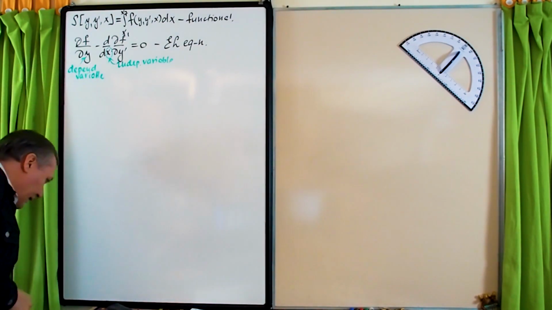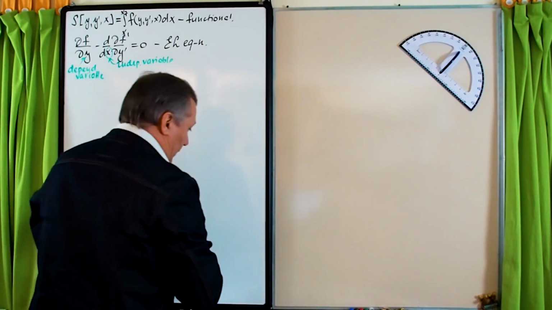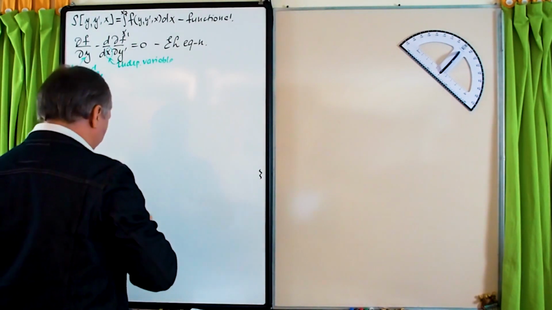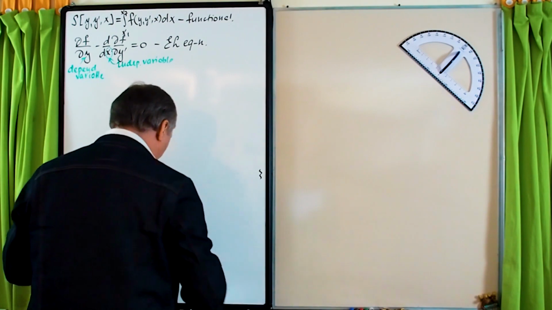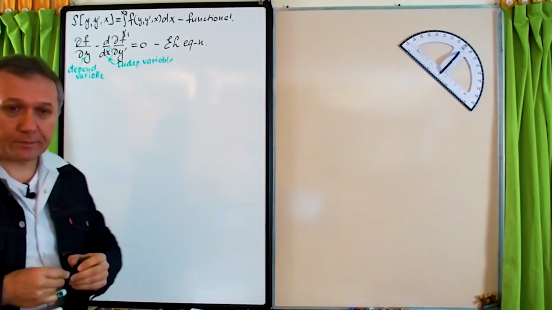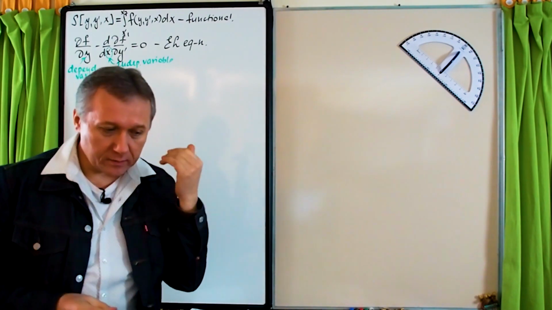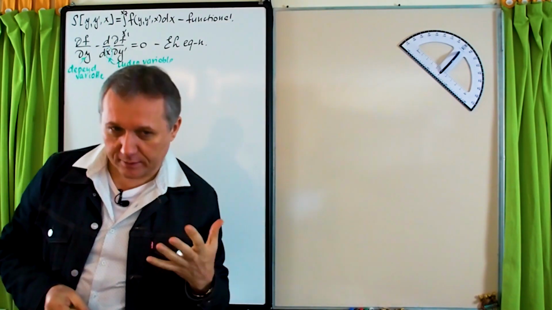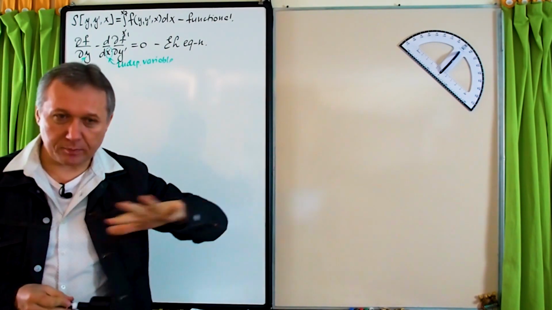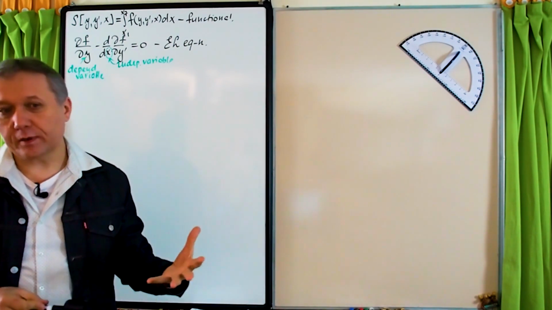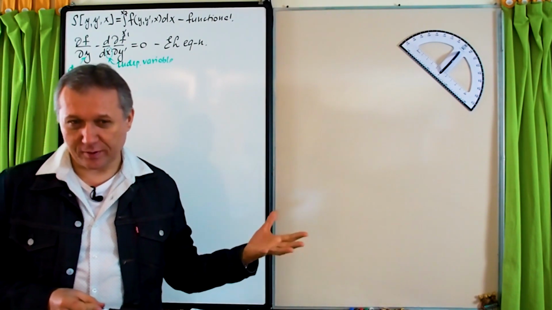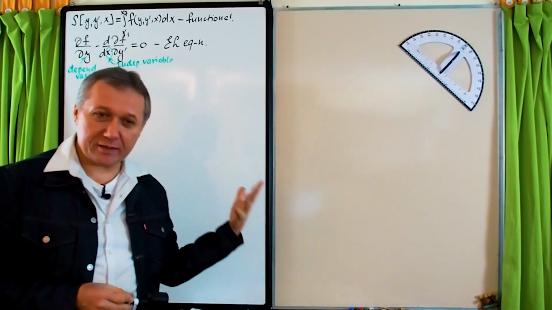Probably it's time for me to change the marker. It's still fine, but it's getting lighter. Then we looked at one example. We looked at 2 points in a plane, and we proved that the shortest path between any 2 points in a plane is a straight line.